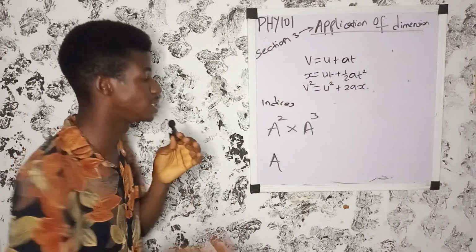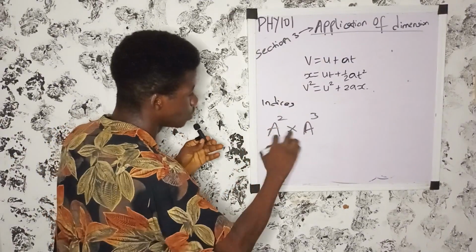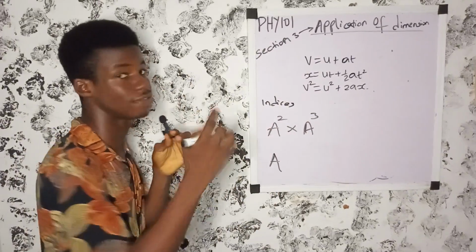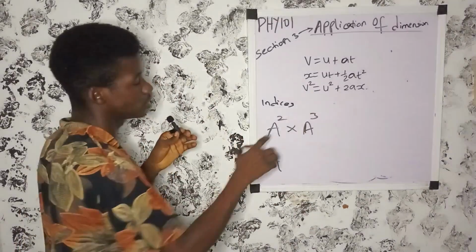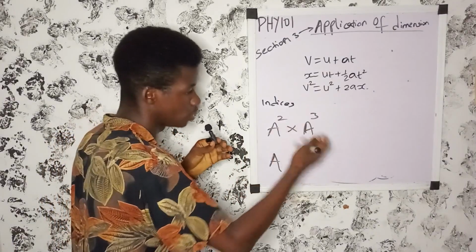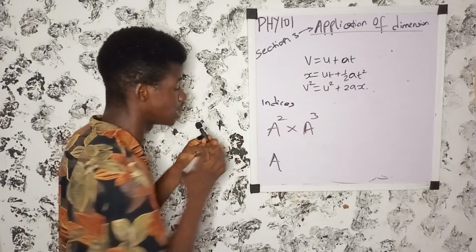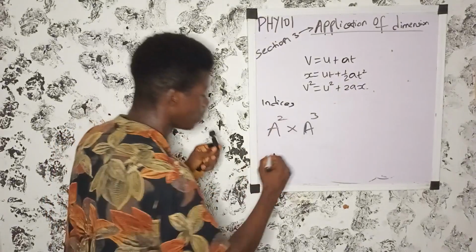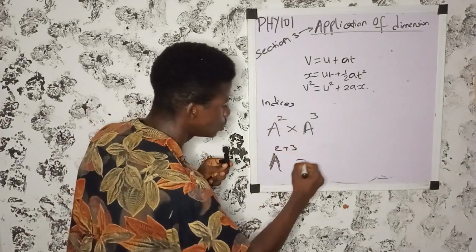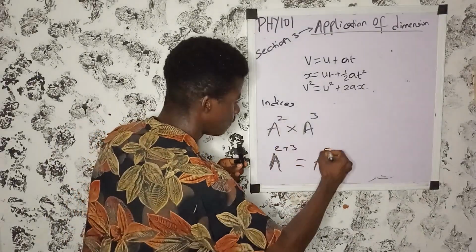This is one law in indices. So since a squared times a cubed have the same base, you take one of the bases, which is a, then you add their powers, 2 plus 3. This will be a to the power 5.